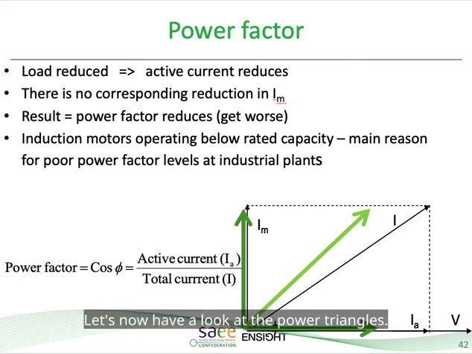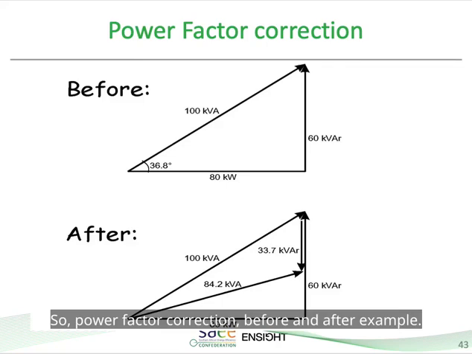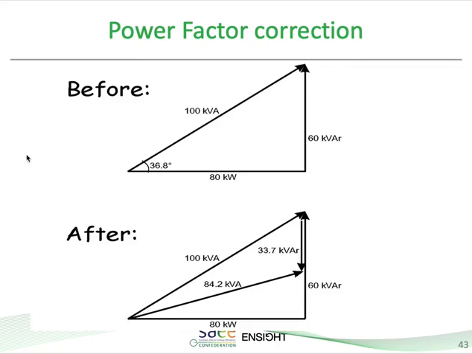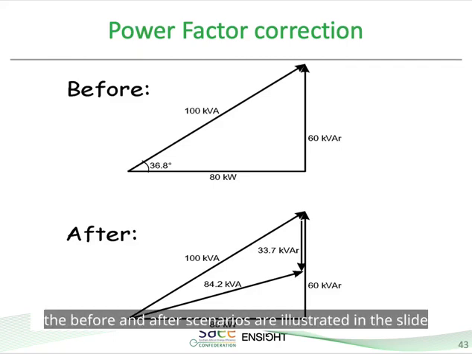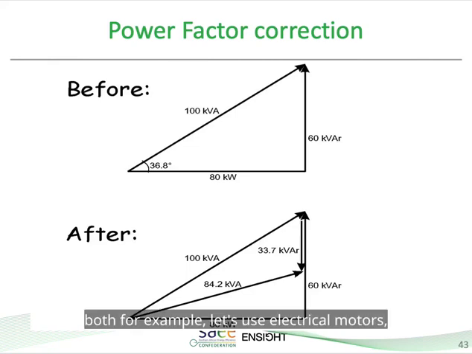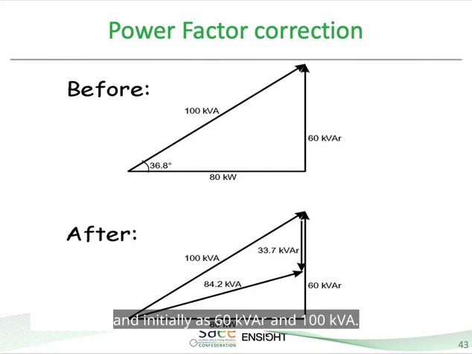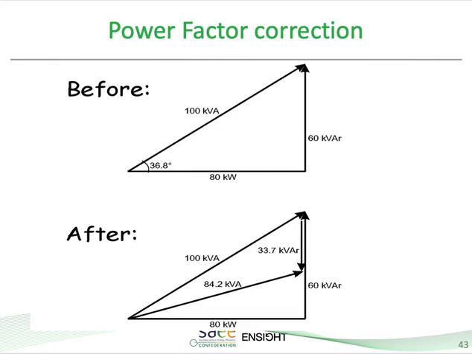Let's now have a look at the power triangles. So, power factor correction before and after example. You can see that the before and after scenarios are illustrated in this slide. For example, let's use electrical motors. Both motors use 80 kilowatts and initially had 60 kVAR and 100 kVA.